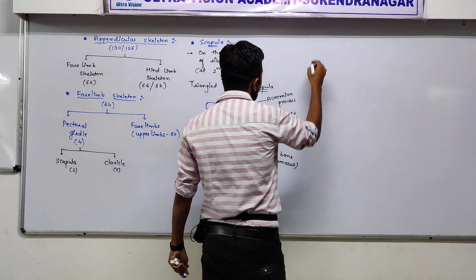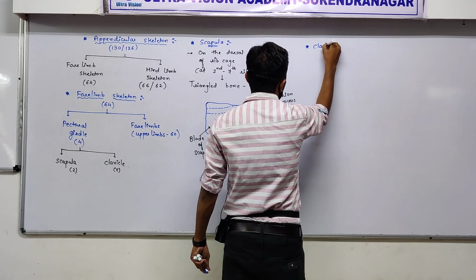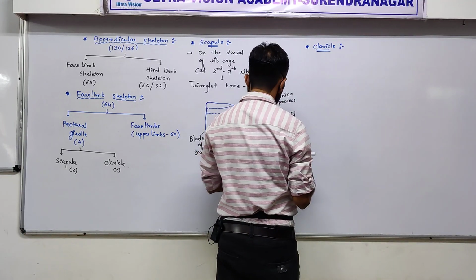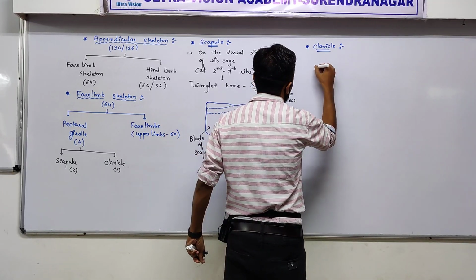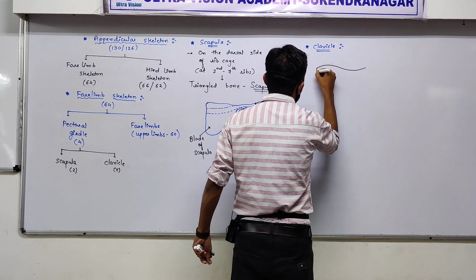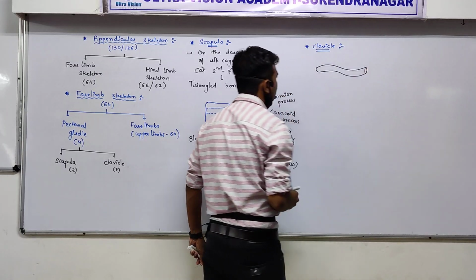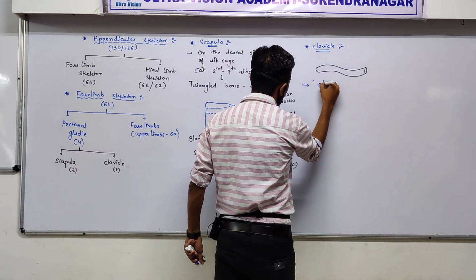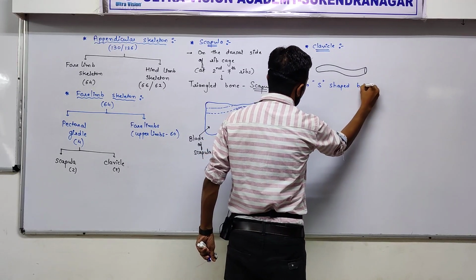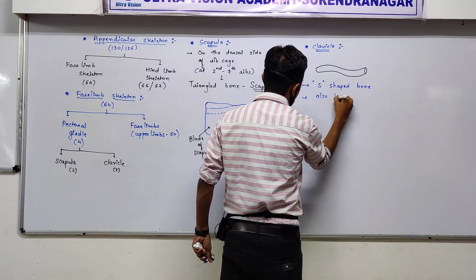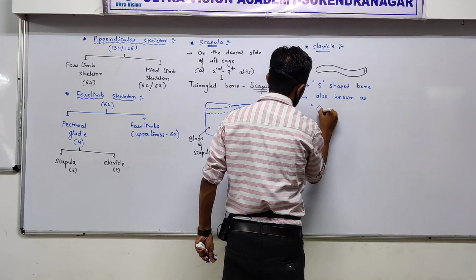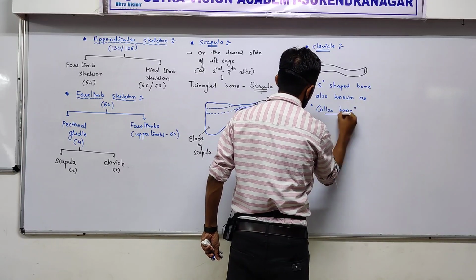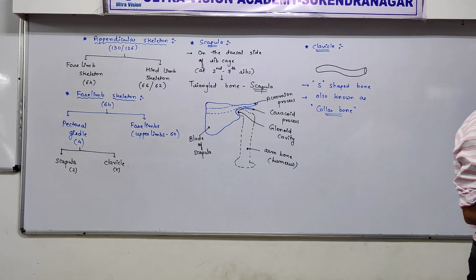Now the clavicle. It is an S-shaped bone, also known as the collarbone. Our collar comes there.